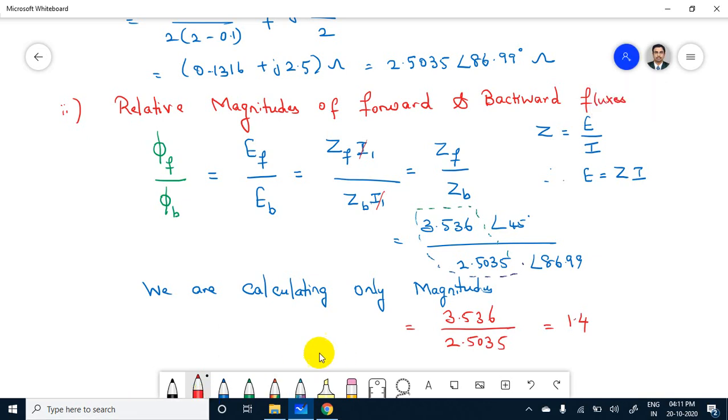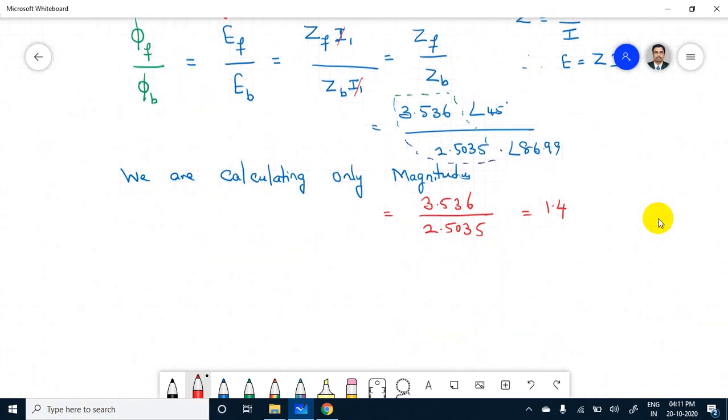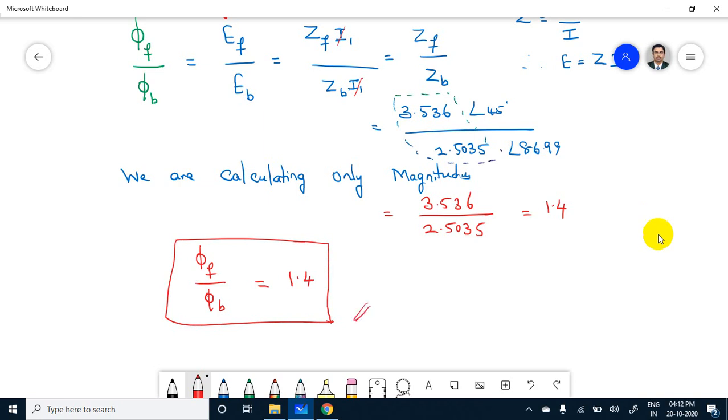Therefore the relative magnitudes of flux phi f divided by phi b, we are getting 1.4. Okay, thank you.